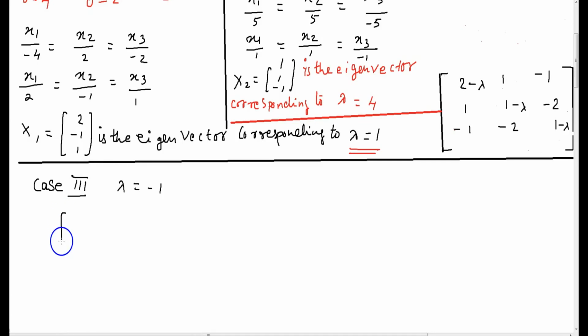Now consider lambda equal to minus 1. Subtract the value of lambda from the diagonal elements. We get the matrix as 3 minus 1, and the second row as 1, 2, minus 2.